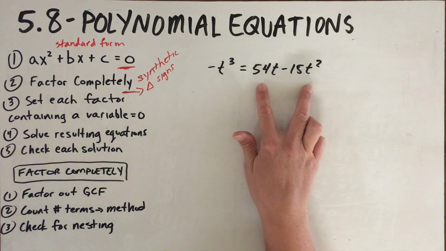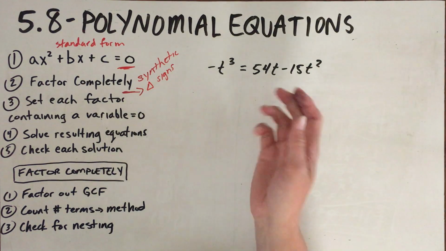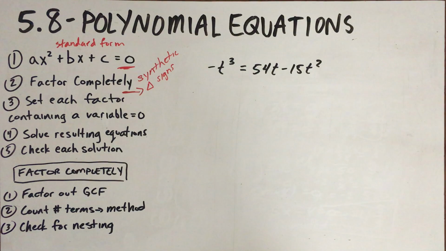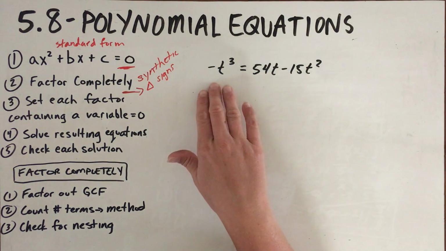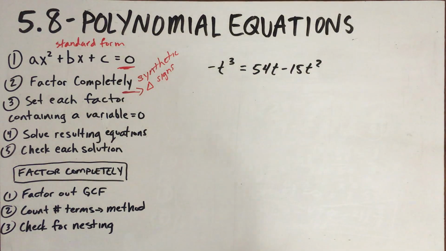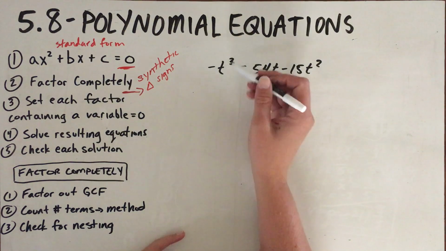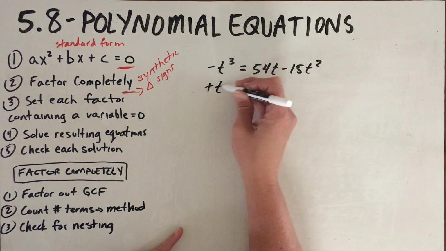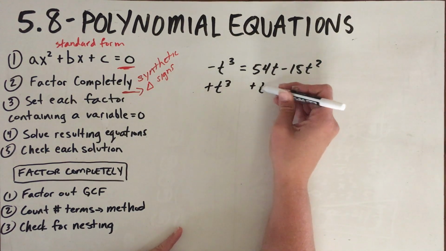I could move both of these terms to this side and then factor out the negative. Okay, or I could move the t cubed to this side to keep it in standard form and to keep the leading coefficient positive. So I'm going to move the t cubed to this side.